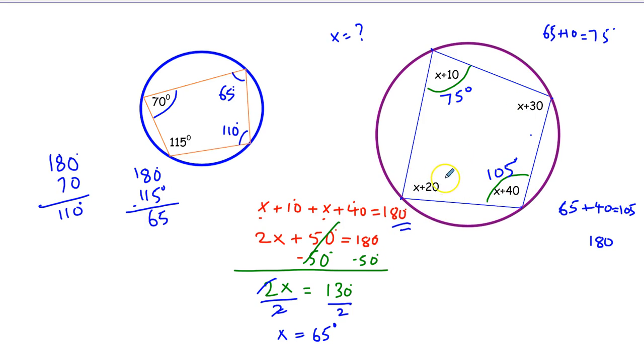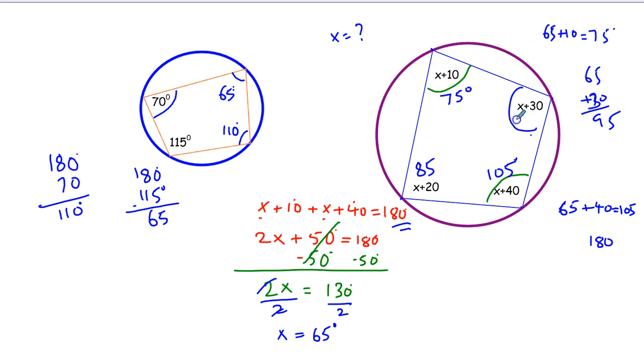Similarly, let us substitute x equal to 65 and see if this condition is also satisfied. 65 plus 20 is 85, right? And that is 65 plus 30. 65 plus 30 is how much? 95.